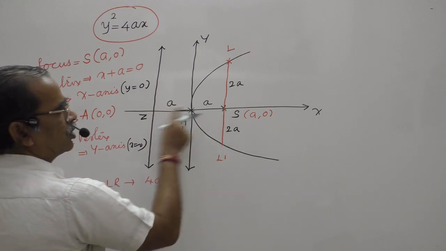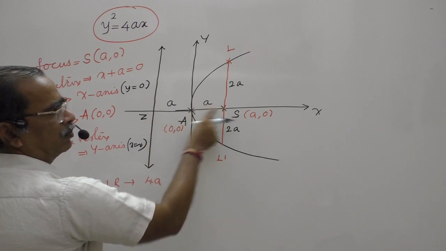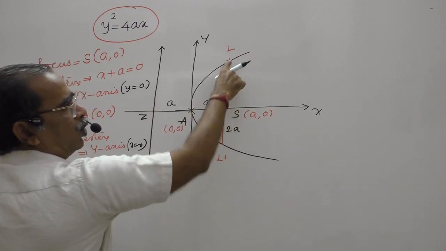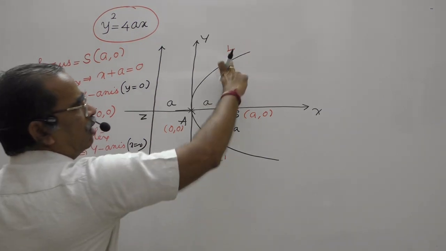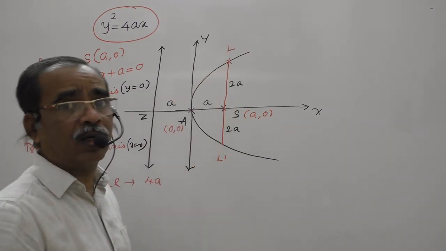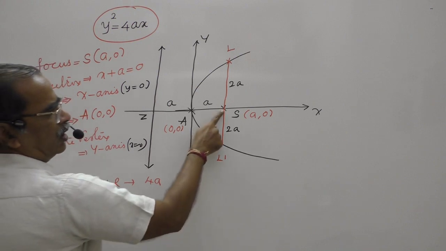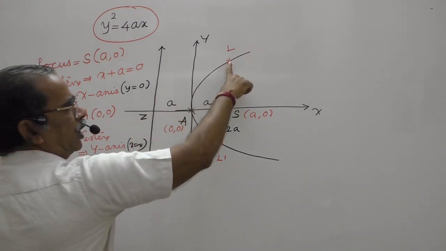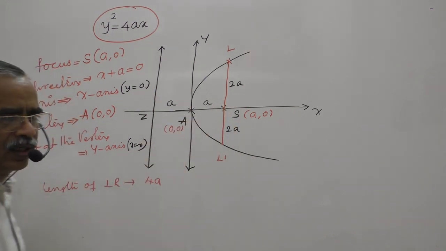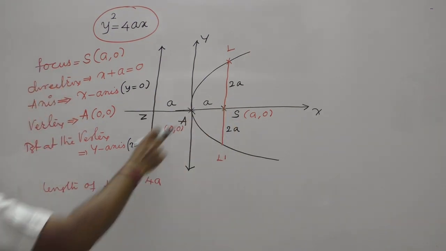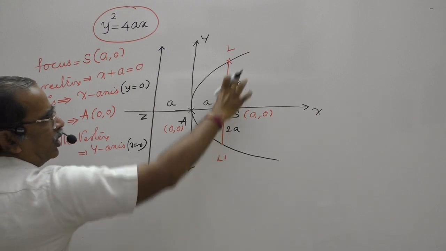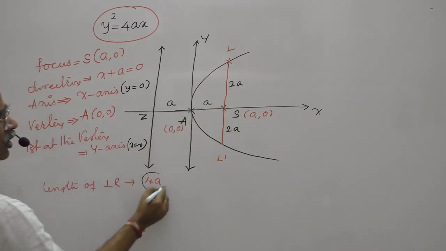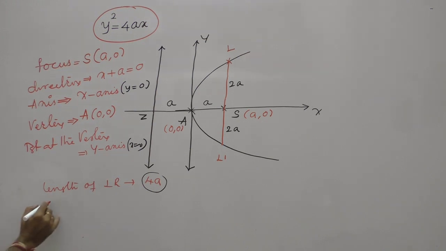The distance from focus to directrix is 2a, which is equal to the semi-latus rectum. 4a is the latus rectum, half of this is called the semi-latus rectum. The length of the latus rectum is 4a, this is 2a, this is 2a, total 4a. This is the length of the latus rectum.